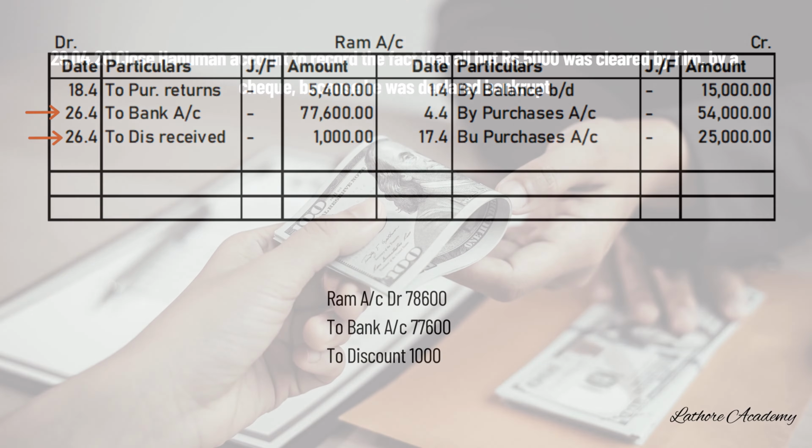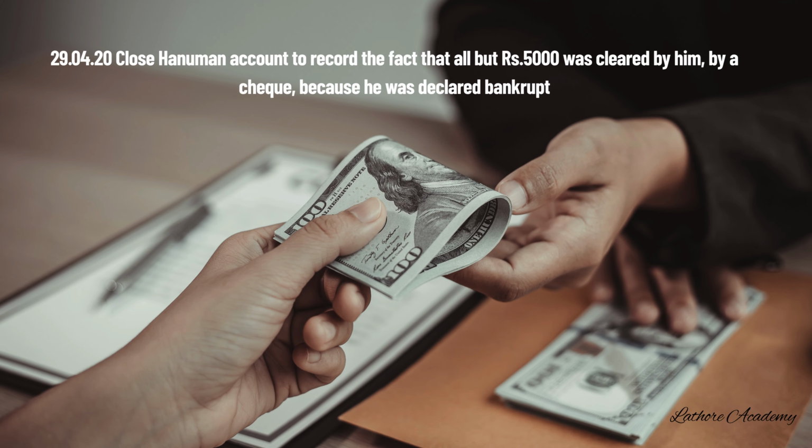Moving on to the next transaction, on 29th April 2020, close Hanuman's account to record the fact that all but 5,000 was cleared by him by check because he was declared bankrupt. Students, in professional course exams, you have to be very careful with language also.